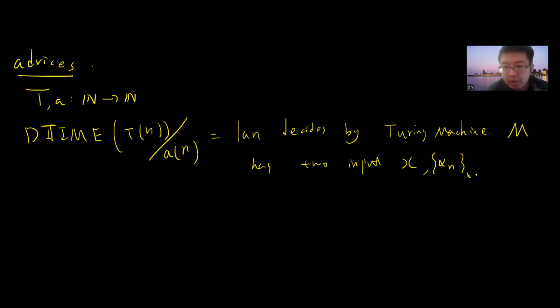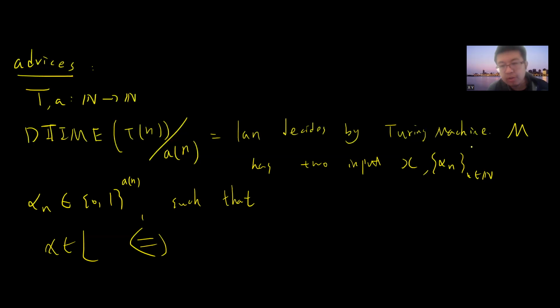Given the integer n, there's a particular string alpha n, which is at most length A(n). If x belongs to L, then once somebody gives you this advice, you can just compute in polynomial time. Somebody gives you this alpha n, and you can just compute.